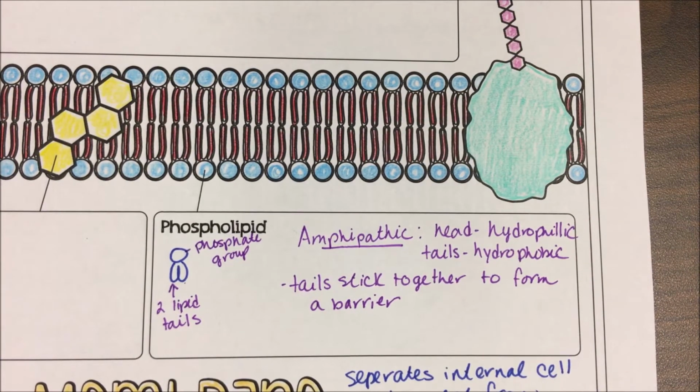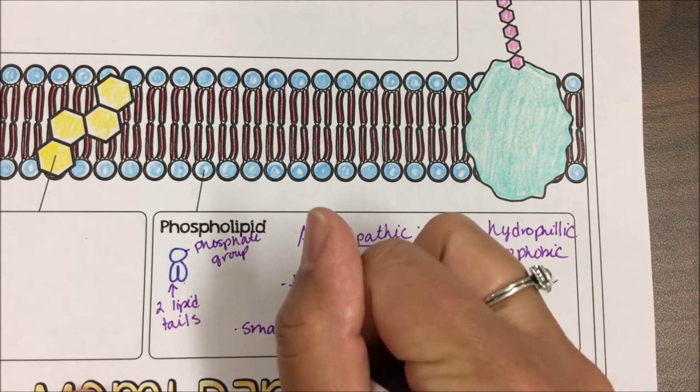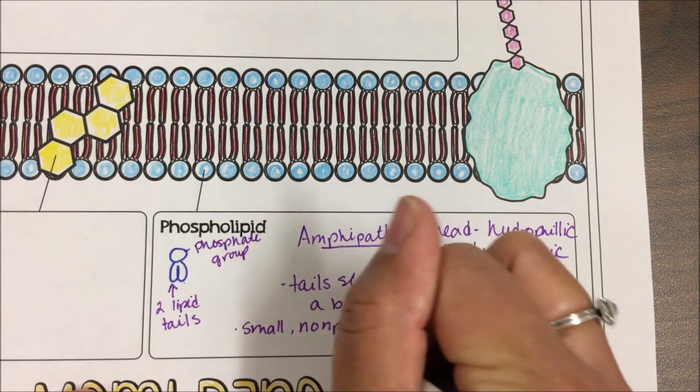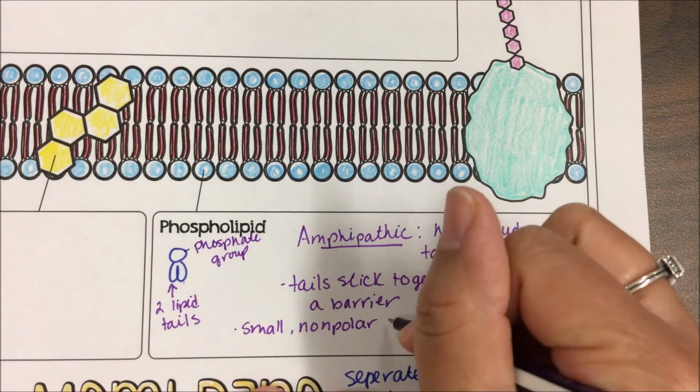Okay, so that way our cell stays intact and the stuff that needs to stay outside is going to stay outside. And so because of these phospholipids, only certain things are going to be permeable. Only certain things are going to be allowed in or out. And so, for example, only small, nonpolar, okay, so remember, fats are nonpolar molecules.